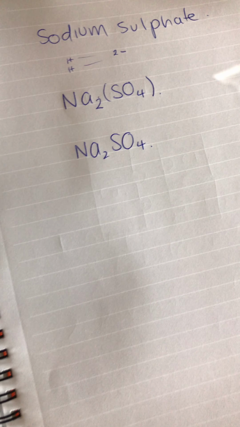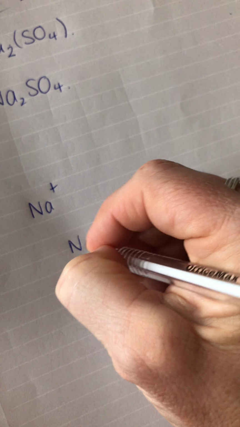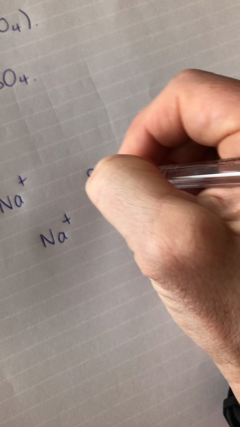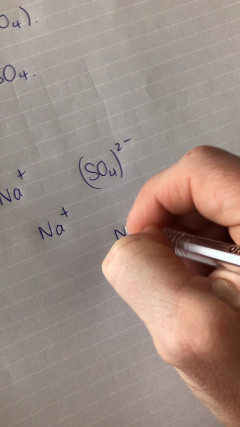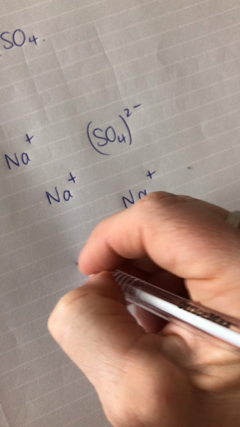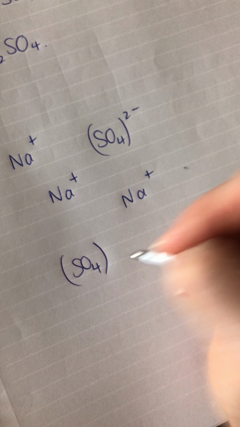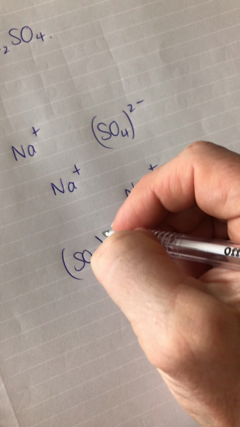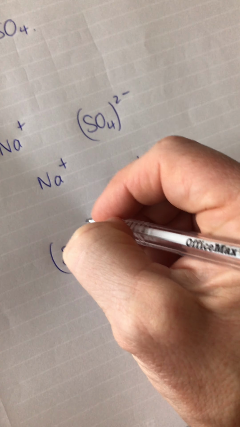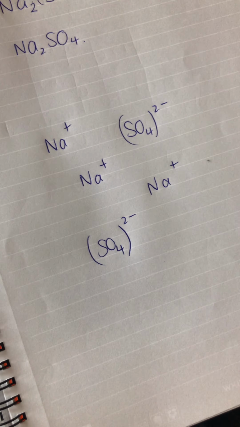So for example, if we put sodium sulfate in, we would find that it would break up into its various ions. And obviously there's not just two sodiums and one sulfate in like a teaspoon of sodium sulfate powder. So we'd have lots of them floating around.